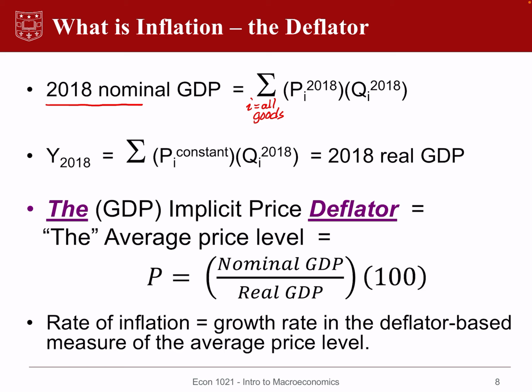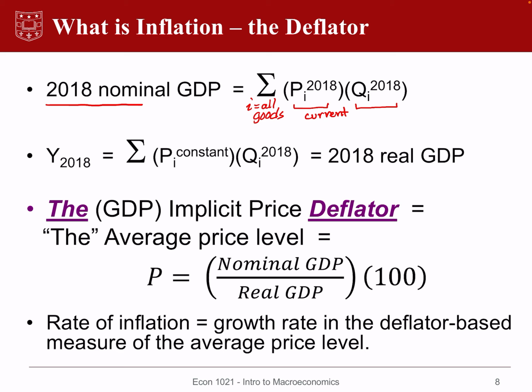So we would take the price in the current year, and we would find its corresponding quantity, multiply price times quantity, get a dollar measure, say, of shirts. Do that same thing for cars and for movies and for travel. And we would then add up all those dollar figures, and that would give us our value for nominal GDP.